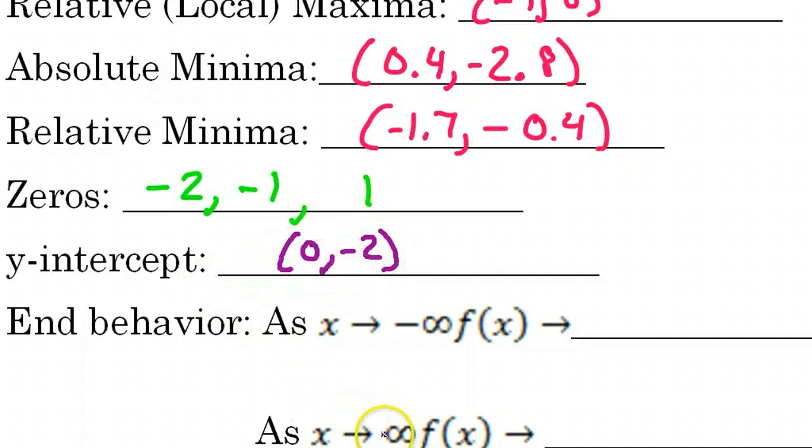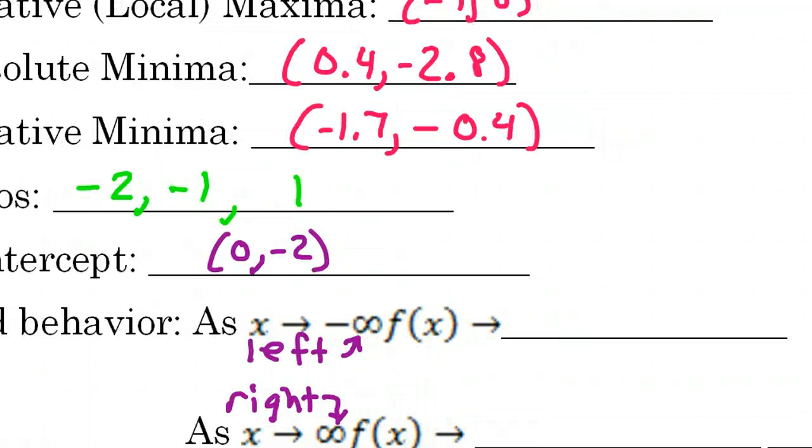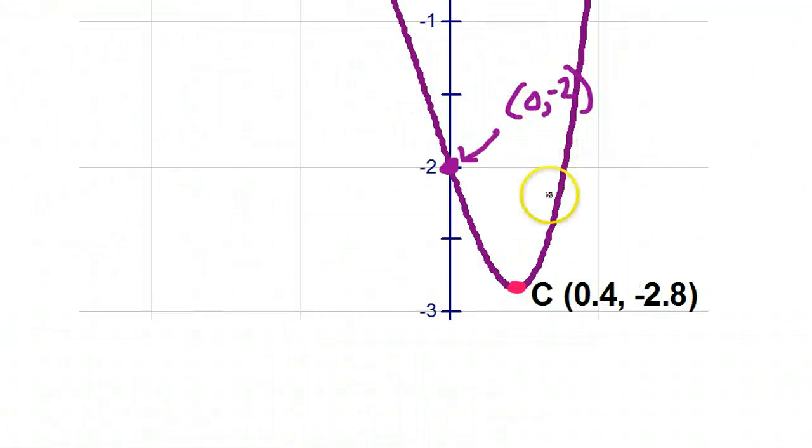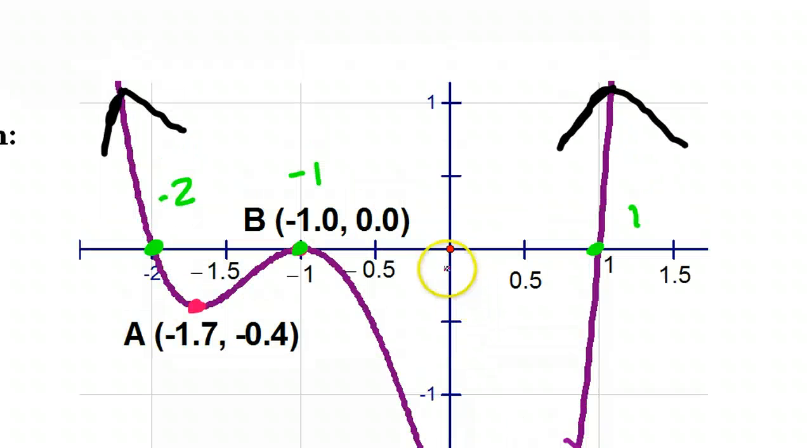Now the end behavior. What happens on the left? Maybe I'll write that down. What happens on the left and what happens on the right? Well, let's take a look. Now for polynomials, we're talking about is it rising or falling.